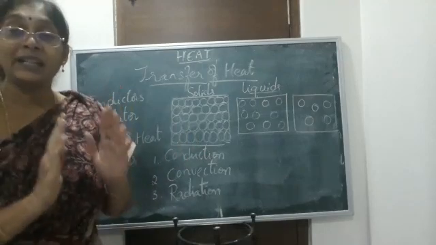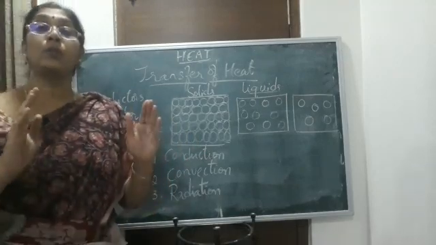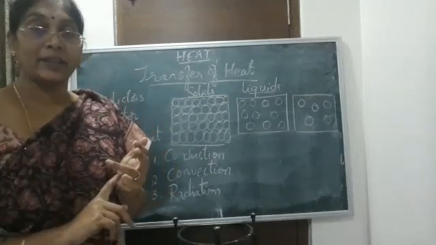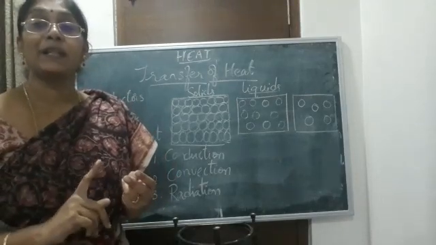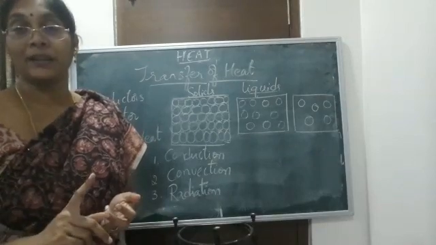If transfer of heat has to take place, the temperature of two objects have to be different. Then transfer of heat always takes place from hot object to cold object. That is the second thing.